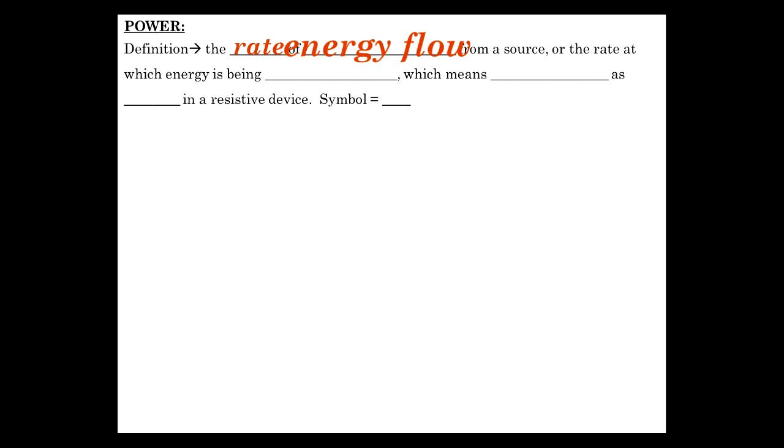So it's the rate of energy flow from a source, which is another way to say the rate at which work is being done by the electrical energy. And that is also a measure of the rate at which heat is dissipated from a resistive element, like your toaster oven.